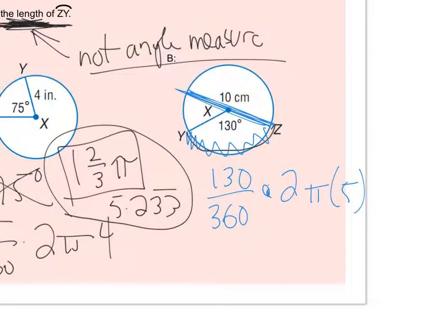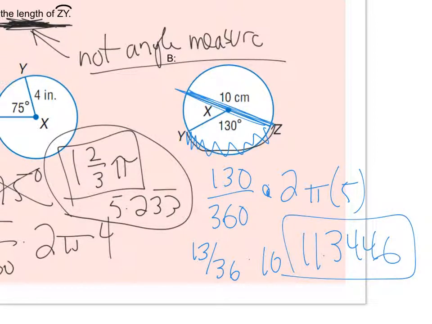So 130 divided by 360 is 13 over 36 times 10 times pi. So that's going to be 11.3446. There's my answer. Centimeters.